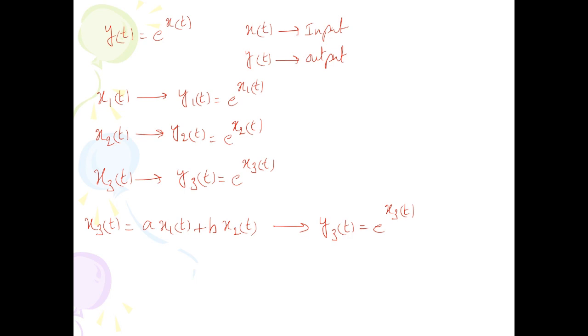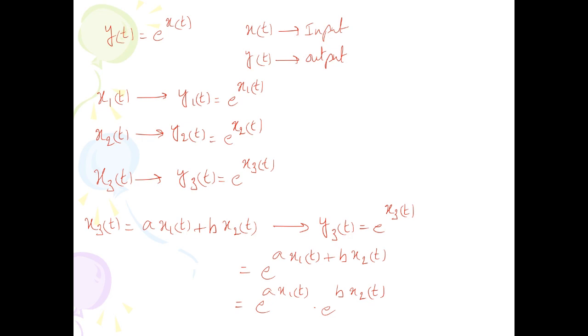Now what is x3 of t, which is nothing but e power a into x1 of t plus b into x2 of t. If we simplify this, what you will get is e power a into x1 of t into e power b into x2 of t.